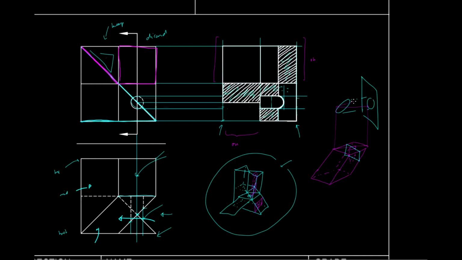Ito siya, 'no? Okay. So, sa part na 'to, let me use a yellow cutting plane. Parang kinat natin siya ng ganyan. Eto, nag-cut tayo ganyan, dire-diretso hanggang baba, hanggang dito, parang ganyan. Okay? Ganyan yung cutting plane natin.